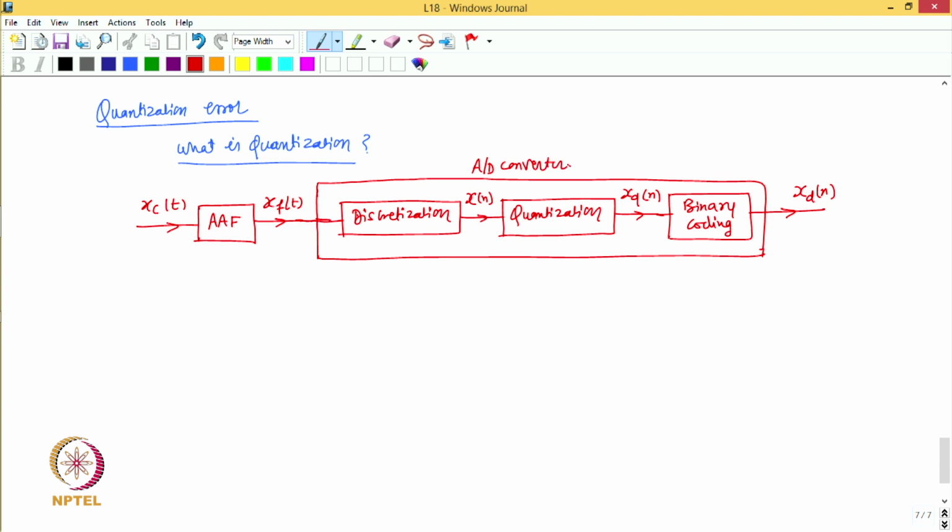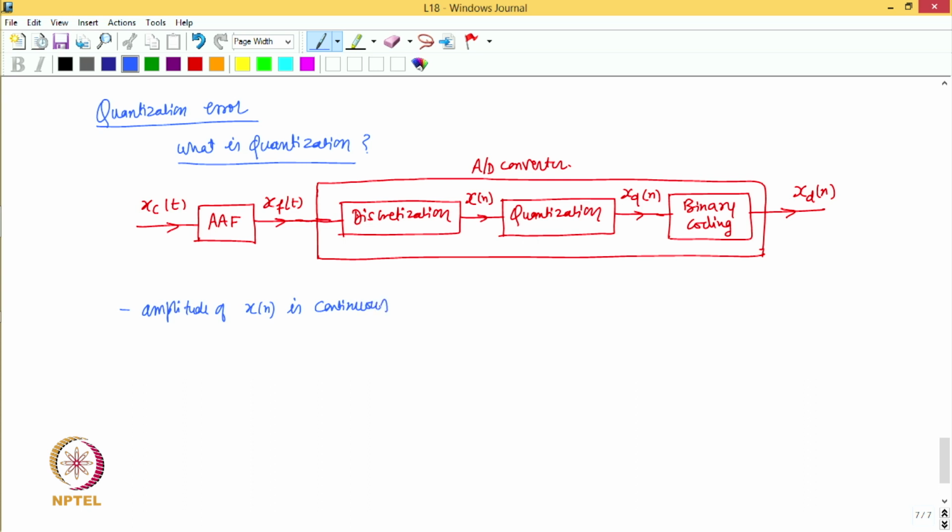So, when the discretization is done, it is based on discrete time instants. Some sampling interval delta t is taken, and then the signal is discretized. So, it leads to discrete time instants, but the amplitude of the signal is still continuous. The amplitude of x[n] is continuous.